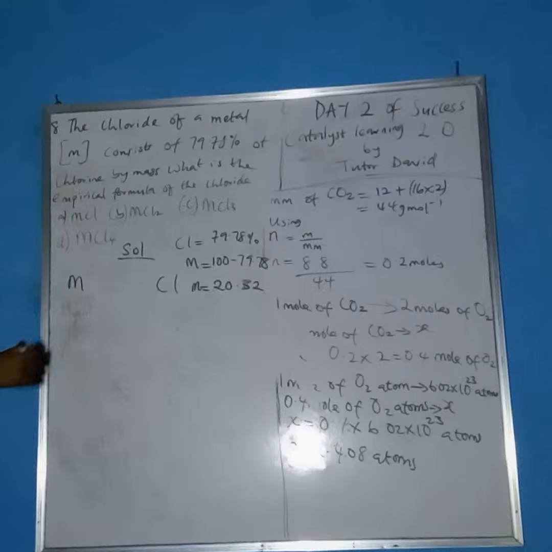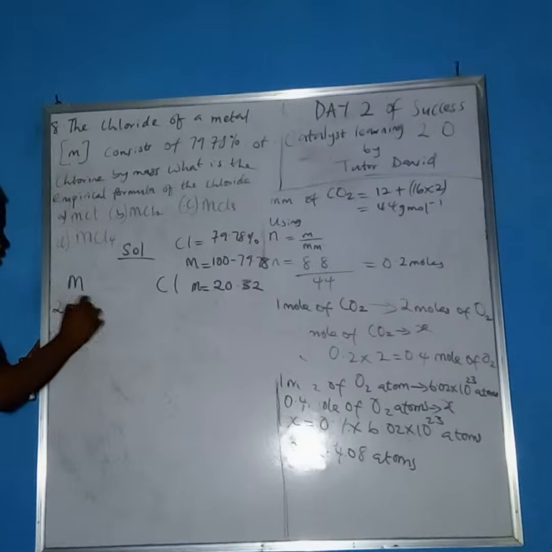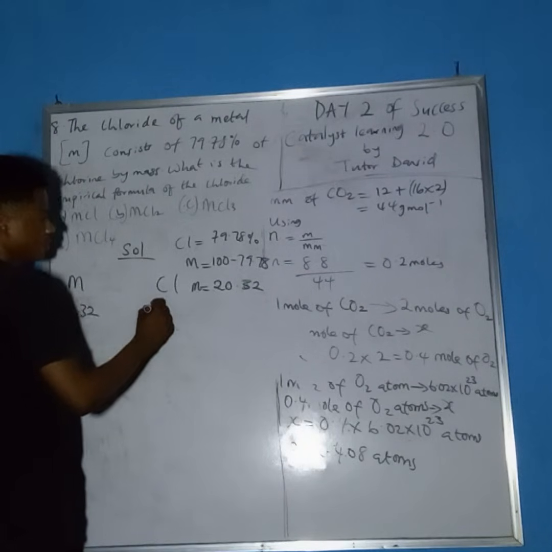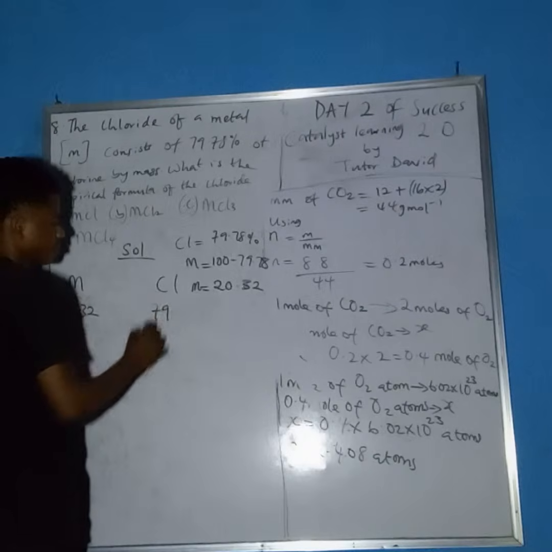So we already have the percentage by mass of our metal M, which is 20.32, and chlorine is 79.78.